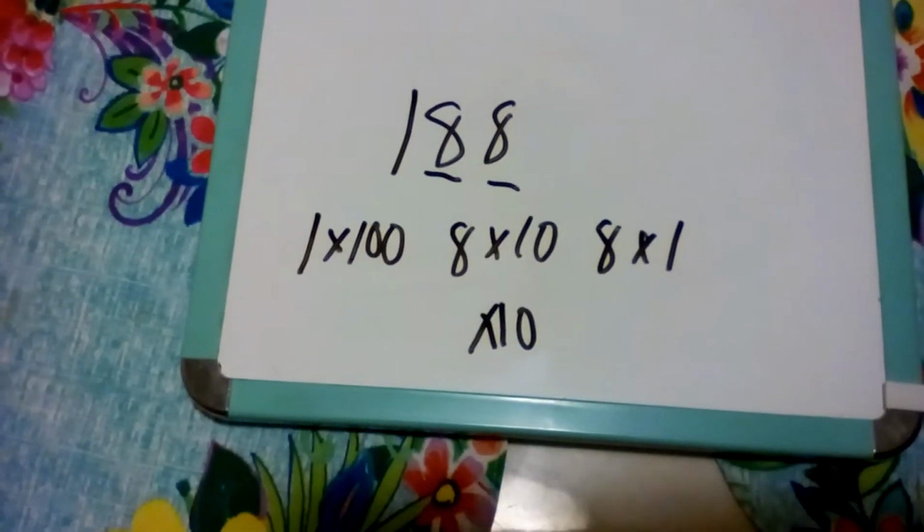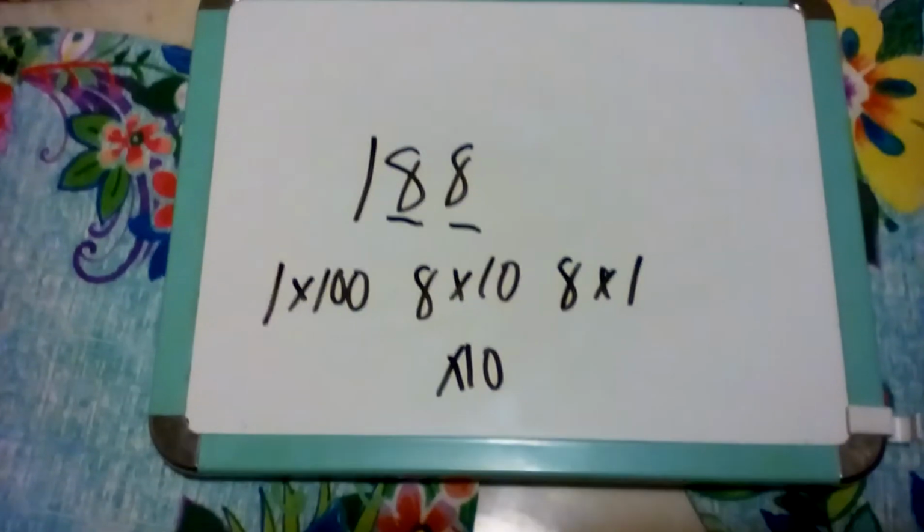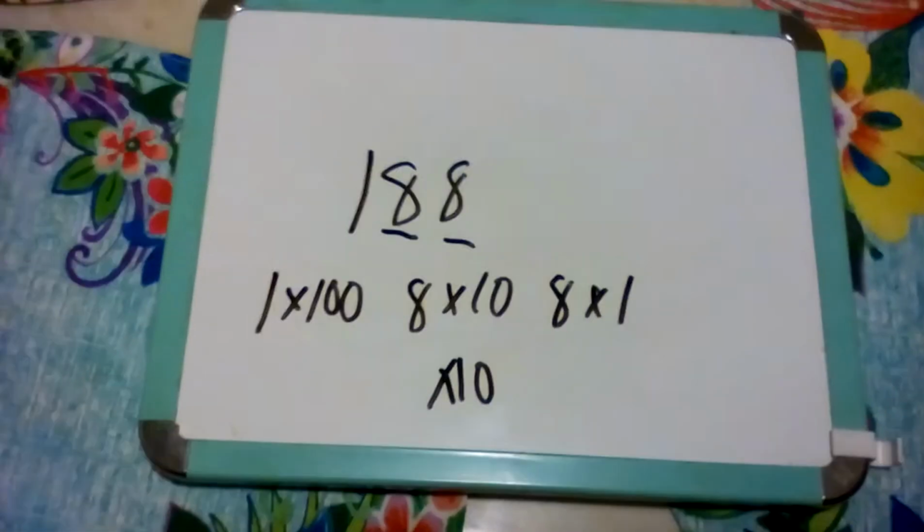So I'm going to do one quick review, and then I'm going to assign your homework, and then you guys are off. So what we did was we looked at place value. We said that place value was the value of a digit based on where it is placed in a number, and then we wrote out the multi-digit number, and we broke it down in terms of place value.